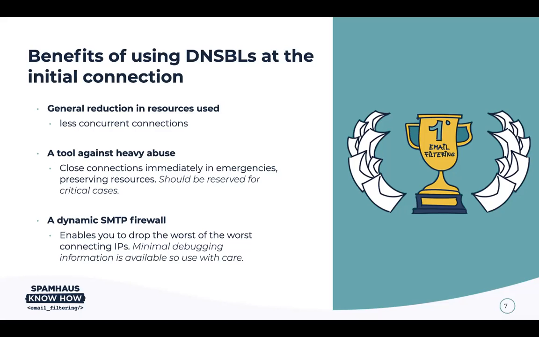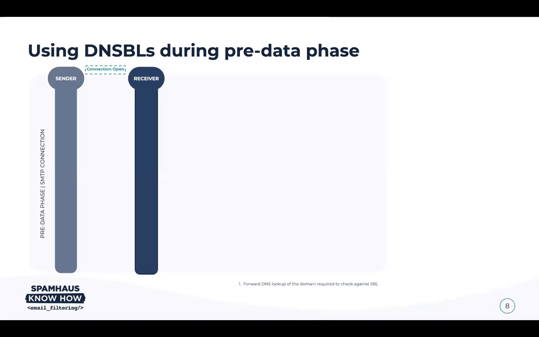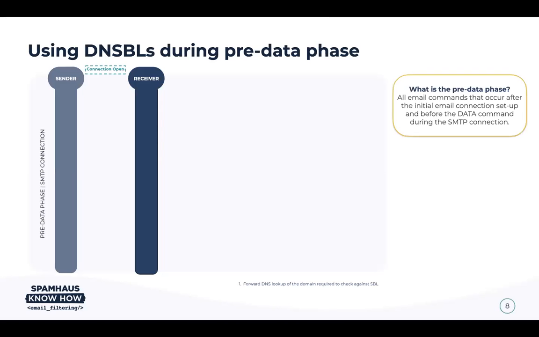Okay, so let's go to the second stage, and that is using the data to make decisions during the pre-data phase. This covers everything after the connection's been made and before the data command is issued in the SMTP transaction. As we left off in the previous stage, we're still at the end of the connection phase.